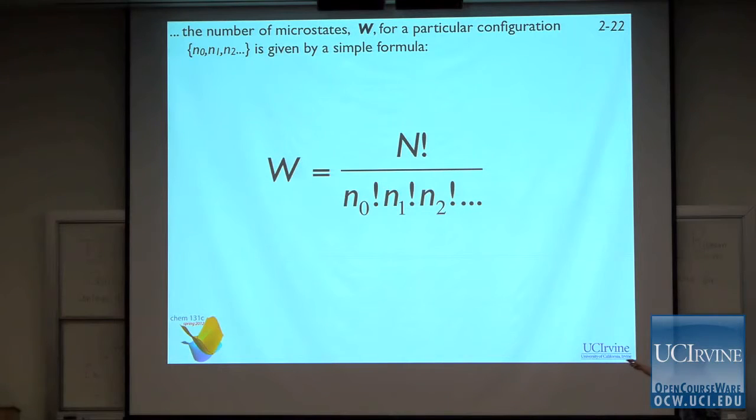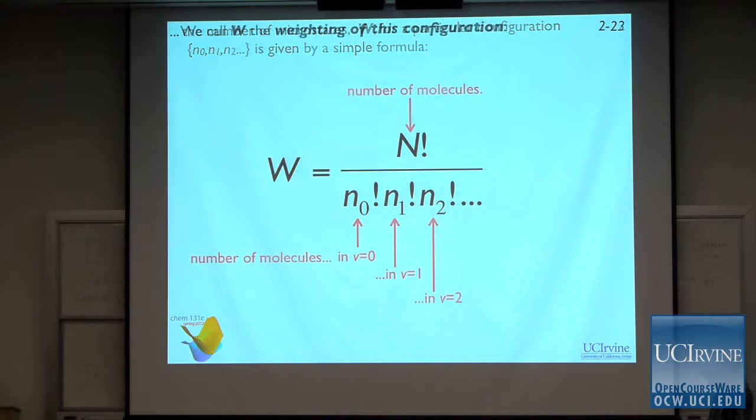So, we do have a general formula that we can use. This is it. That's the total number of microstates, that big W there. That is the number of molecules. That's the number of molecules that have no energy, 1 quantum of energy, 2 quanta of energy, and so on.